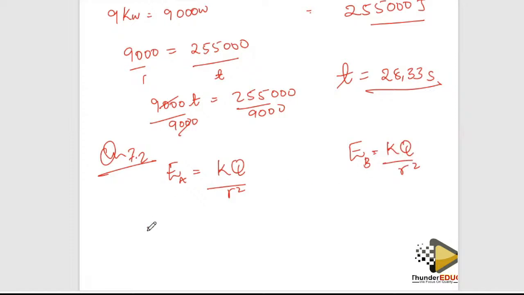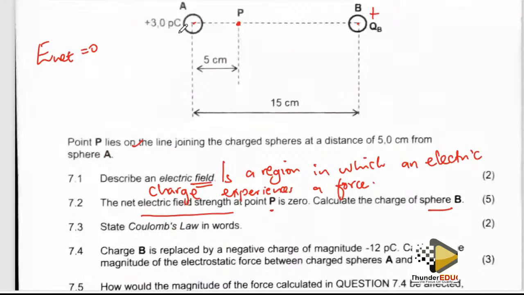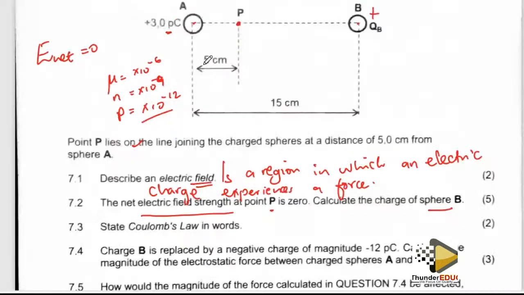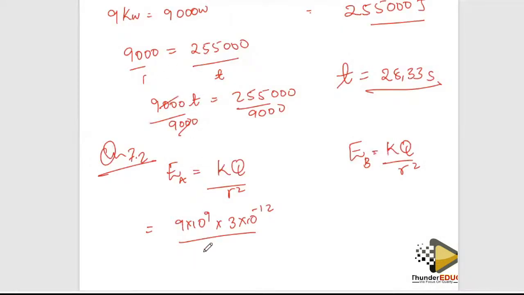Remember, pico: micro is times 10 to the negative 6, nano is times 10 to the negative 9, and pico is times 10 to the negative 12. So I'm going to say 9 times 10 to the 9 times 3 times 10 to the negative 12 over our distance, 5 centimeters converted to meters, which is 5 times 10 to the negative 2.